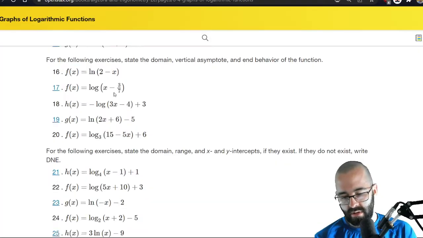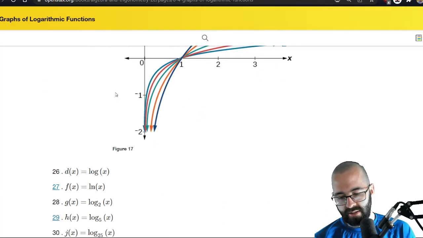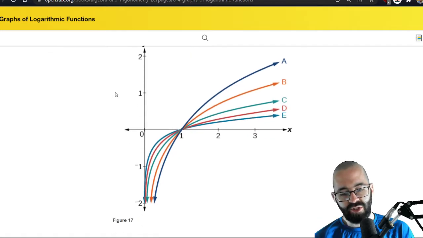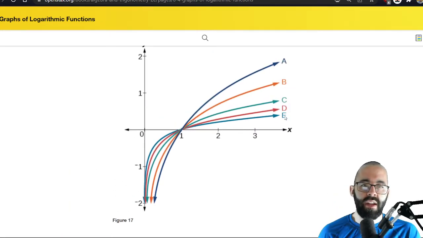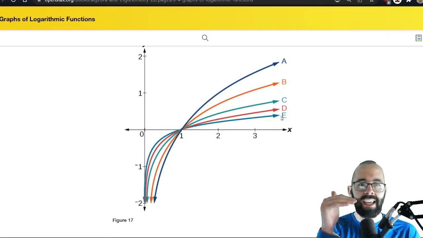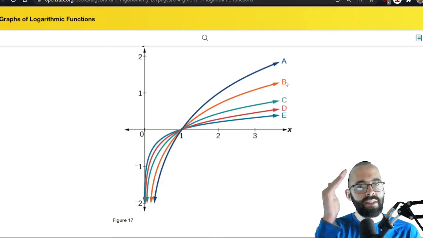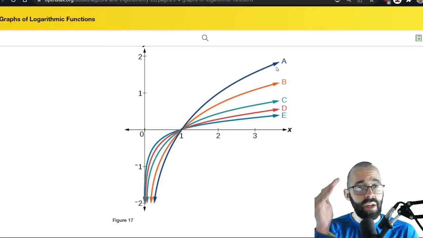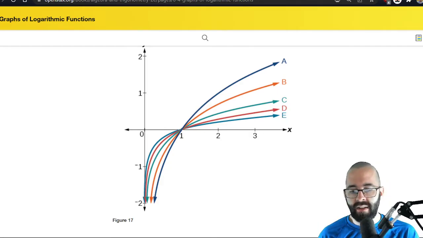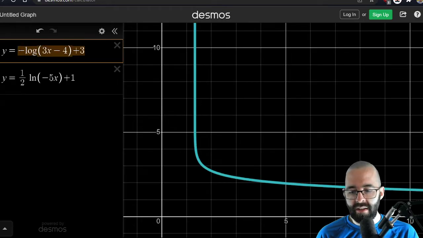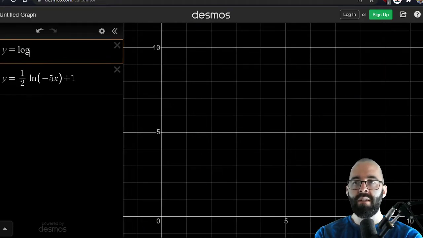All right, that was 18. Let's do 28. 28 says, oh, these ones match. So remember, like we said in the videos, if the logarithm has a big base, it's really, really flat, like E. If the logarithm has a smaller base, then it grows much more quickly, like A. And if you ever forget that, we'll just graph 2 logs.